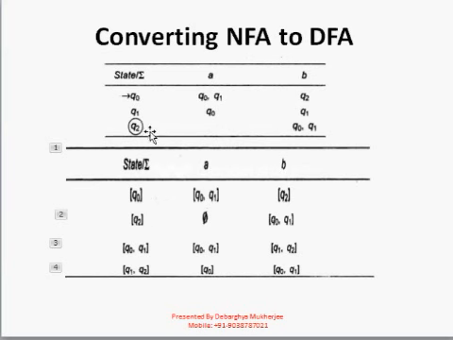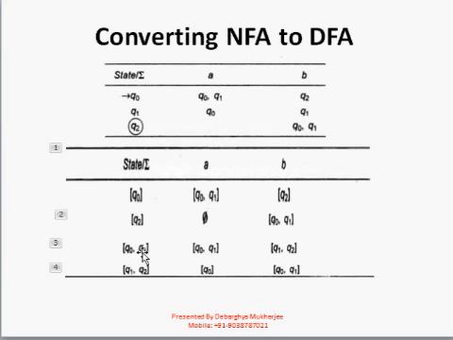Now from the table we see that if we apply A over Q2, then we are getting nothing, so it is null. And if we apply B over Q2, then we are getting Q0, Q1, so we write it down. Now Q0, Q1 is not a new state because we have already introduced this state in our previous transition.